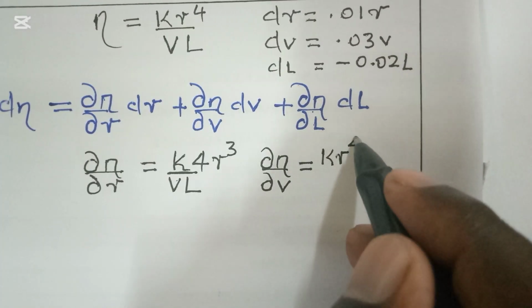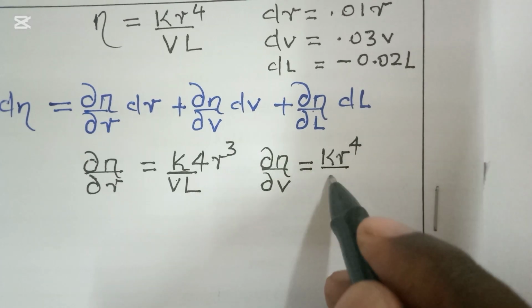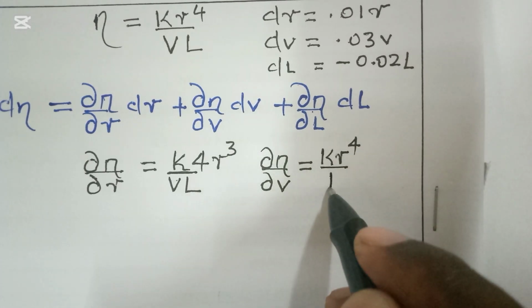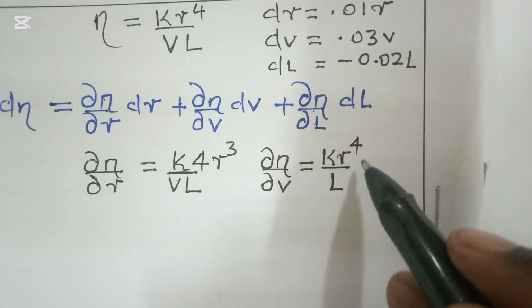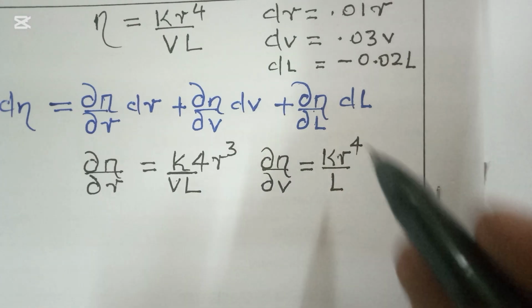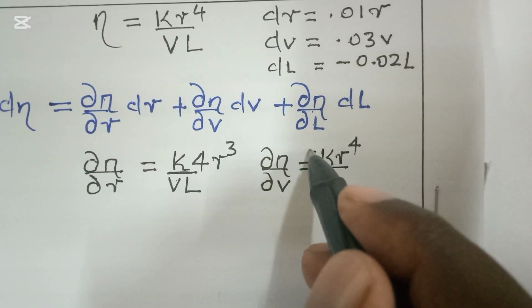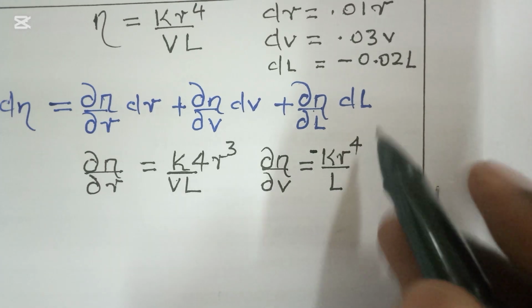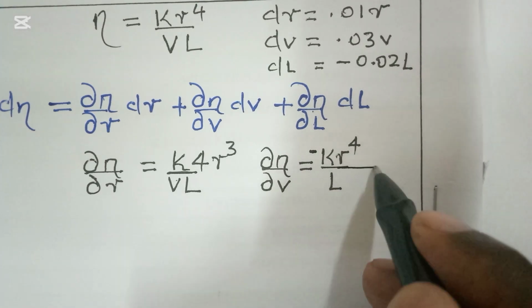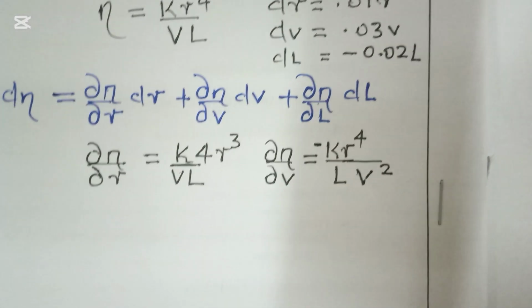All others are constant except V. So I write here K R to the 4 over L, and V we can put with the power -1, V raised to -1. The derivative of V raised to -1 is minus V raised to -2, so we can now put V here as squared.